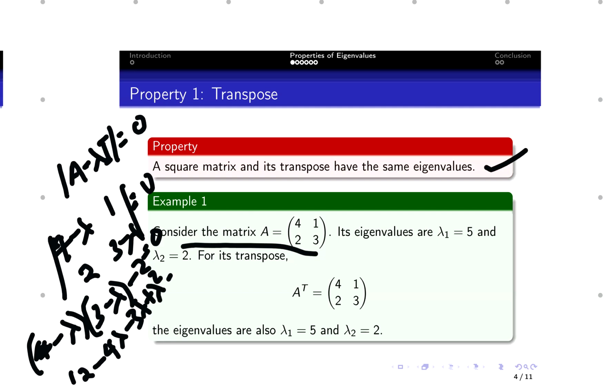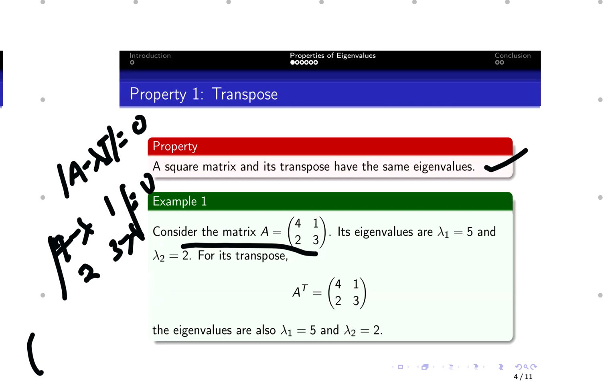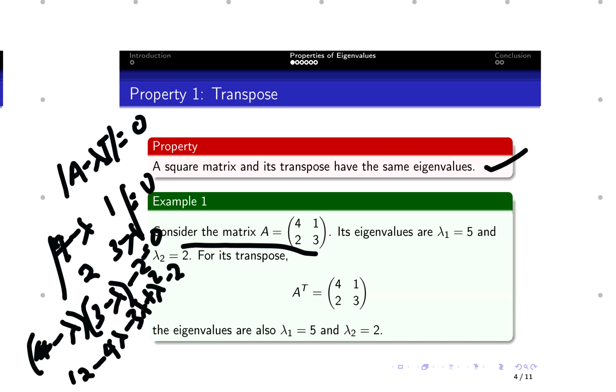Of course, the transpose of the matrix is 4, 2, 1, 3. Before I take that away, it is very important to see something here. I think I'm going to do a video to talk about how you can get the characteristic equations of square matrices. If you look at this now, you will discover that this is the characteristic polynomial right here: lambda squared minus 7 lambda plus 10.